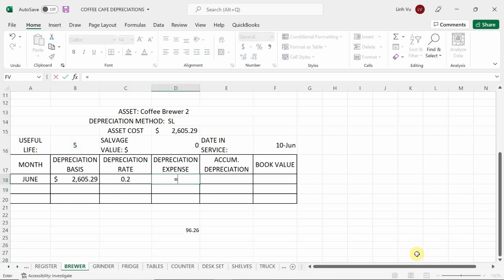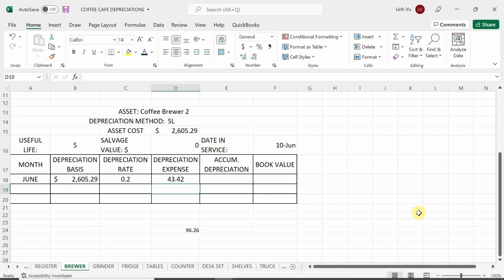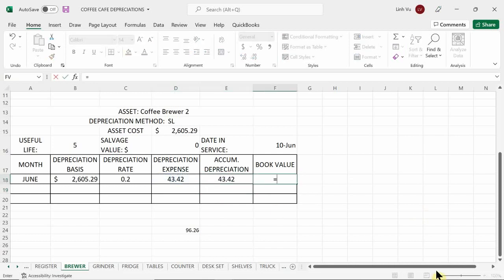So your depreciation expense is your depreciation basis times rate. Once again, divide by 12. And that's going to give you a total of $43.42 for this second coffee brewer.